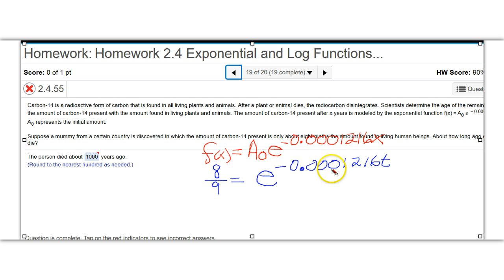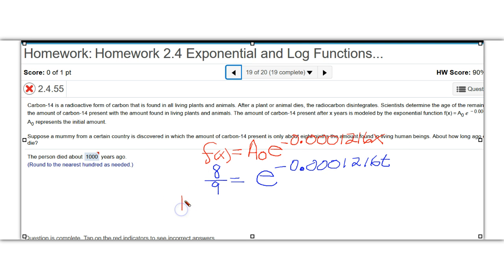So now what do we do? Well, in a similar way as we did doubling time, where this was a positive value, here we're going to use a negative value, but we're going to convert it to a logarithmic form, and since it's an E, we're going to make it a natural log.